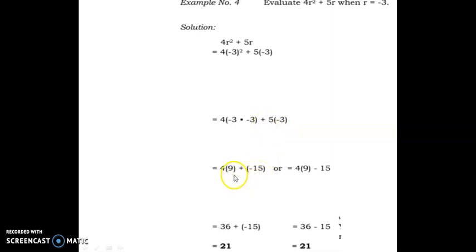So 4 times 9, that's 36 plus -15. When you add different signs, you are going to get the difference, then follow the sign of the greater number. So the answer is +21.